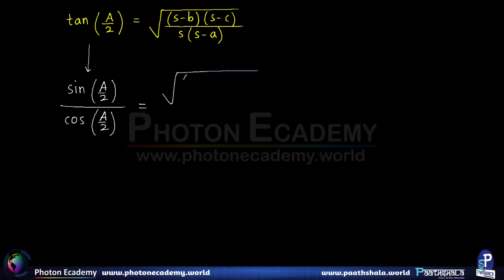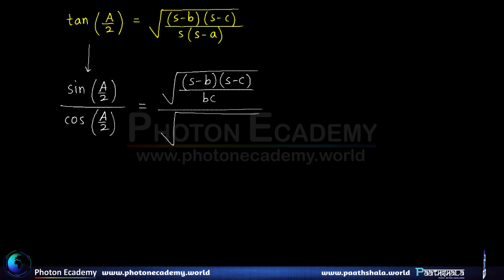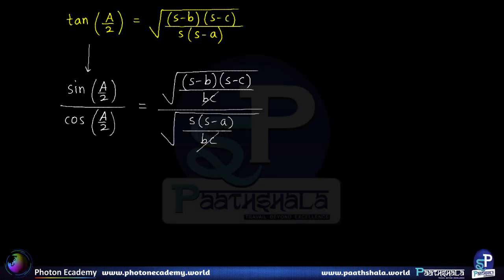So if we write them, we get numerator root of (s minus b) into (s minus c) upon bc, whole divided by root of s into (s minus a) upon bc. So the bc terms get cancelled, and finally we are left with root of (s minus b) into (s minus c) whole upon s into (s minus a). So that is the half angle formula.